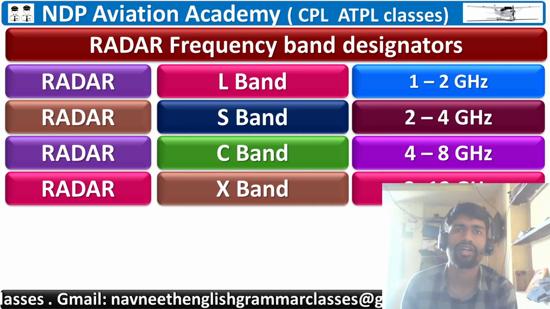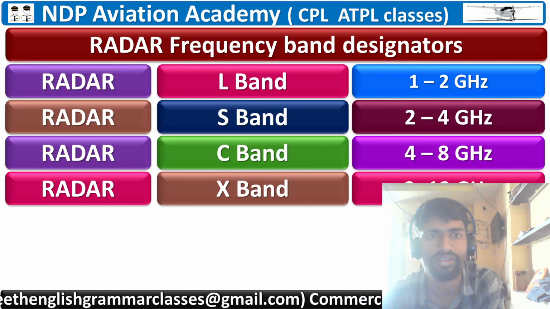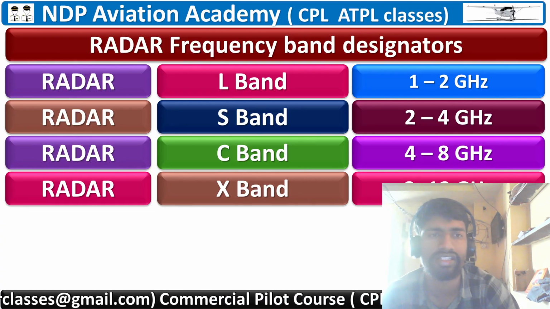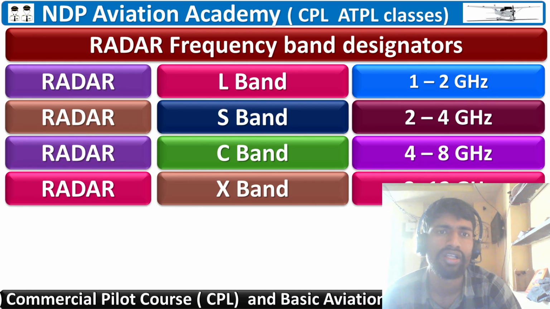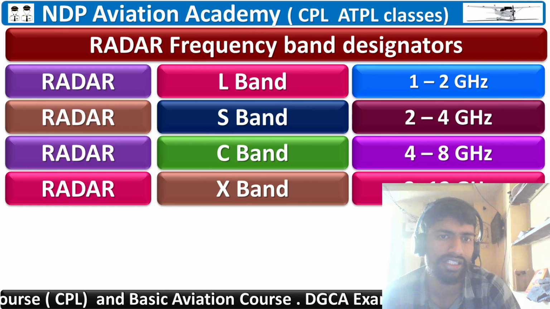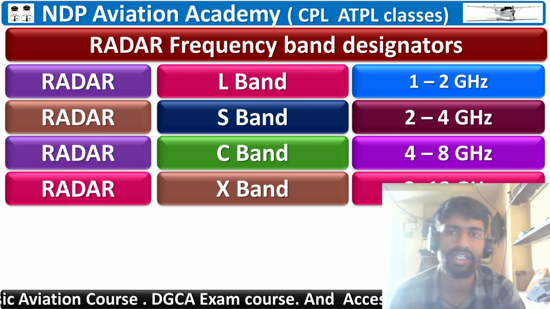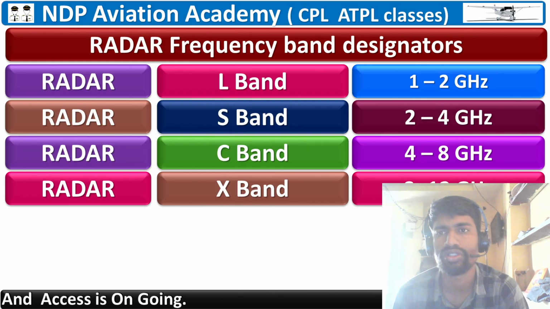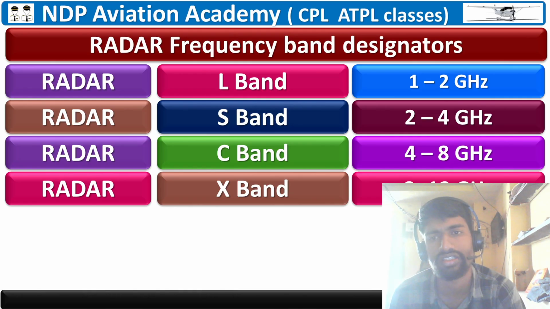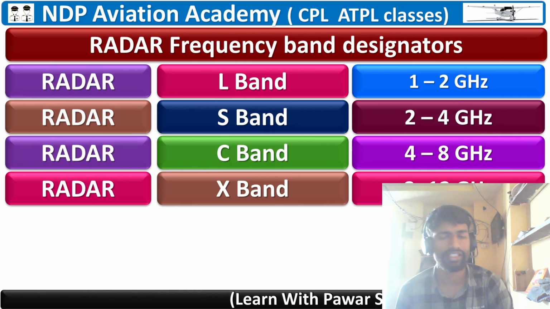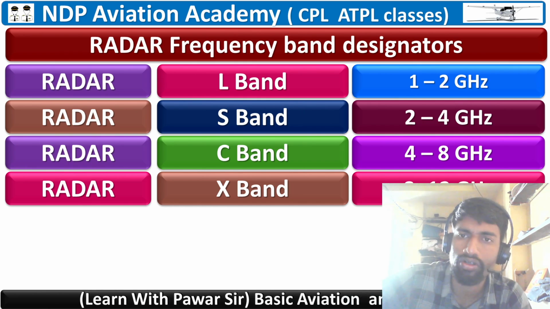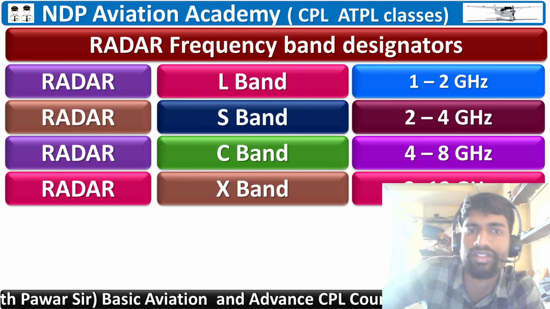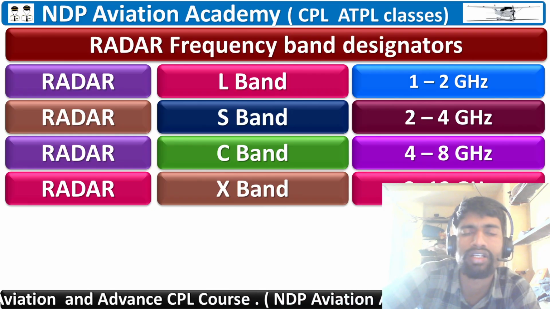Radar frequency band is divided into four parts: band L, band S, band C, and band X. Every band has a different type of frequency: 1 to 2 gigahertz, 2 to 4 gigahertz, 4 to 8 gigahertz, and 8 to 12 gigahertz. Now one by one I will explain to you.